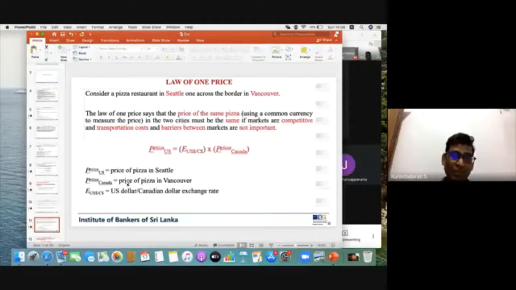That means we have to convert this Canadian dollar using the exchange rate, right? So the pizza price in the US should be equal to the Canada-USD exchange rate multiplied by the pizza price in Canada.